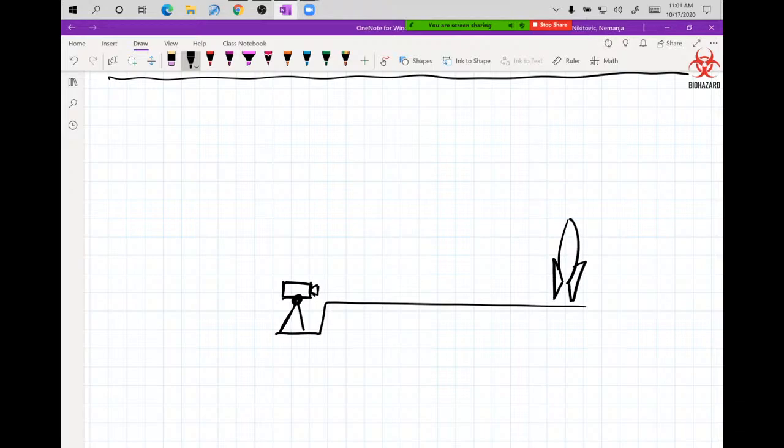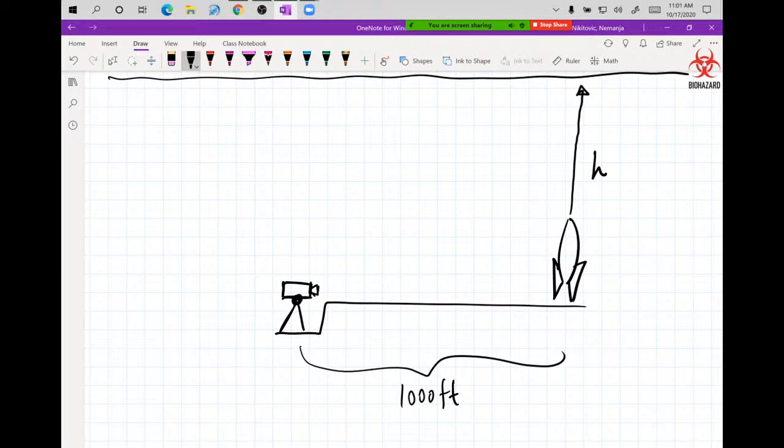Look at that rocket. And that rocket is going to be launched straight up. There is a height there. This is going to be some kind of fixed distance. Let's put 1,000 feet in there, for instance. I can do this in meters as well, but whatever. Put 1,000 feet over there.